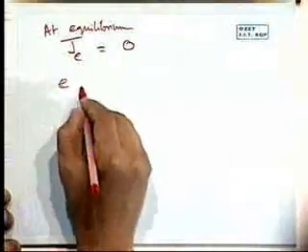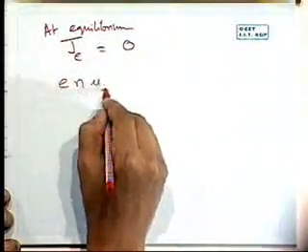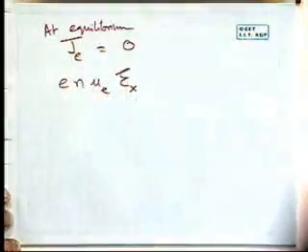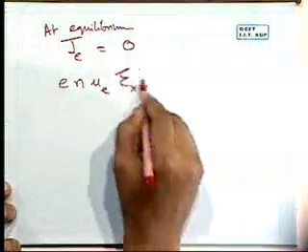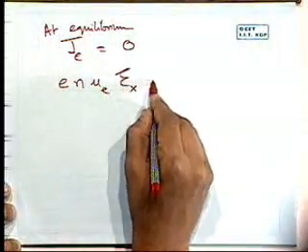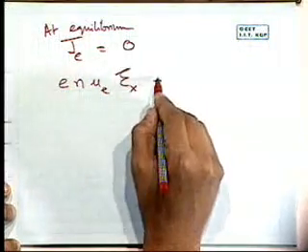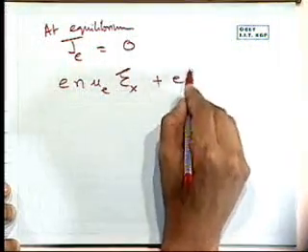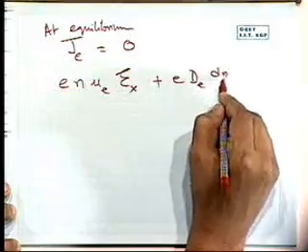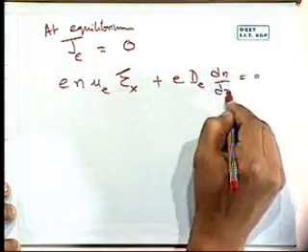At equilibrium, after all this has happened, the total current density, J, is equal to 0. Which means we can write then that e n mu_e times the field, which is the drift part of it, plus e D_e dn/dx is equal to 0.